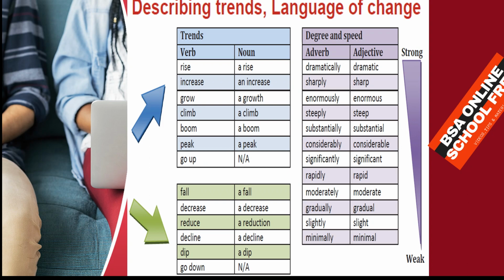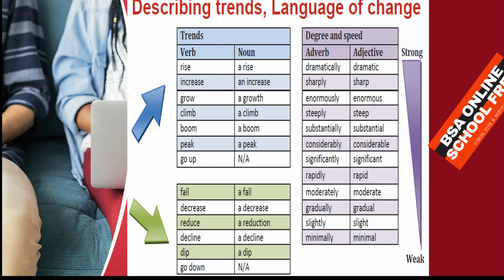So here we have strong and weak. Strong is dramatically, drastically. And weak is very minimally, slightly. So it can be: there was a sharp fall, an abrupt decrease, a rapid decline, a dramatic dip, and a slight fall, a gentle decrease, a gradual decline, a steady dip.